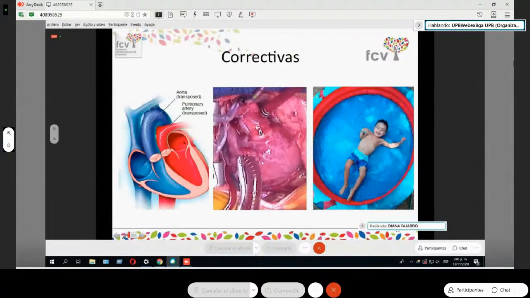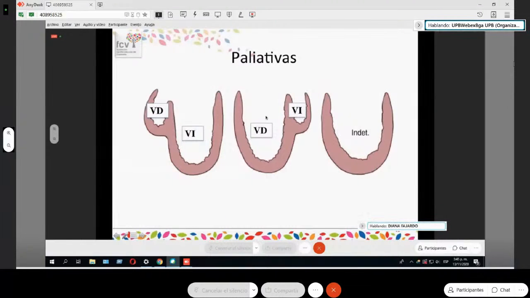So in order for this child to live and to have the best quality of life, unfortunately, we still don't know how to rebuild or how to regrow this half a heart. So what we do is we create several strategies during different surgeries to make the heart work.